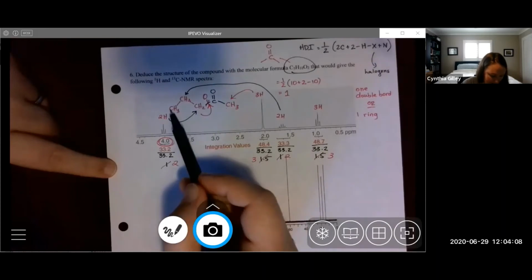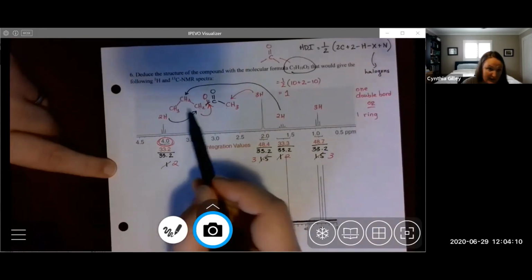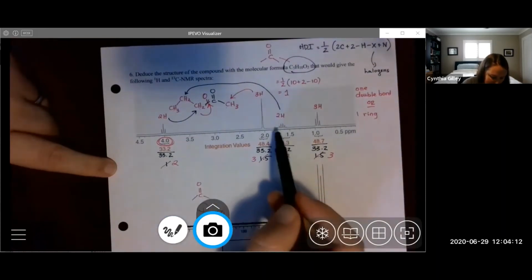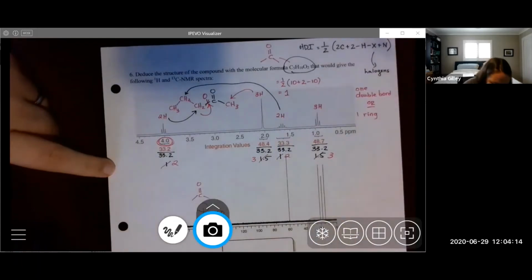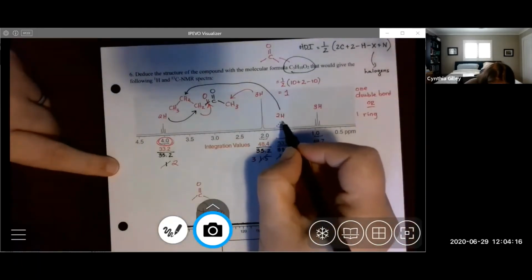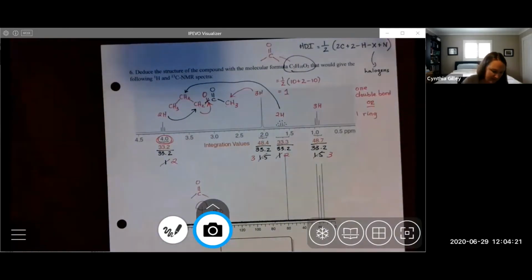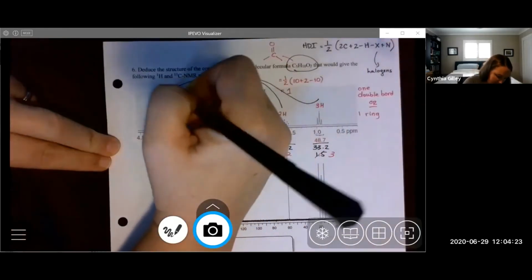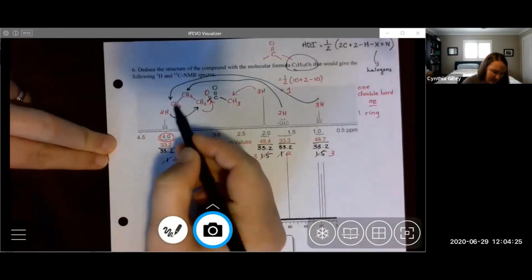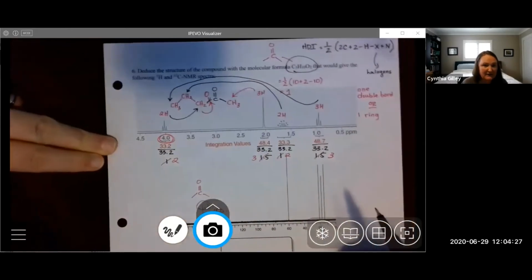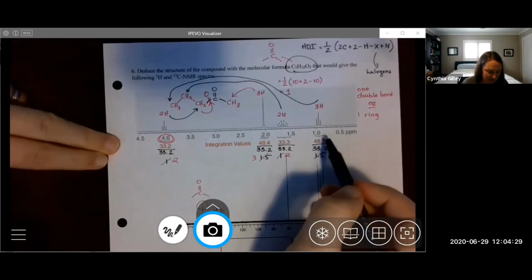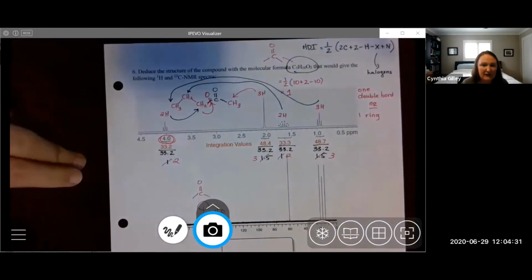So it's got a total of 5 neighbors, on both sides, which means it should be a sextet. And then the last one is this methyl. It should have 2 neighbors, so it should be a triplet, and it's not going to be downfield because it's not anywhere near anything electronegative.